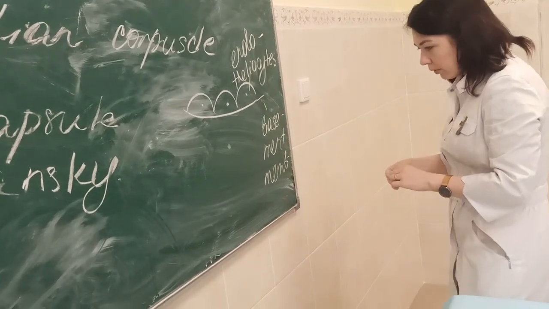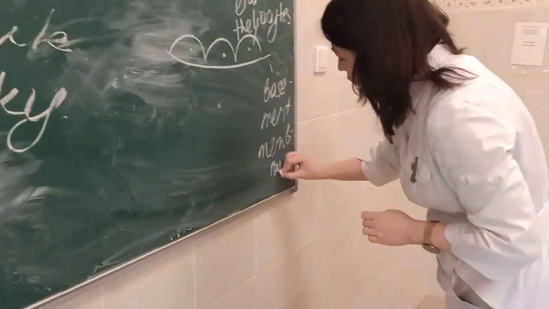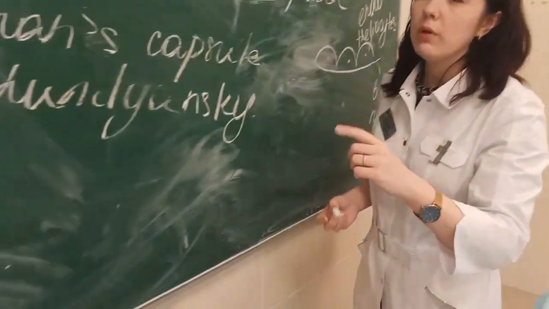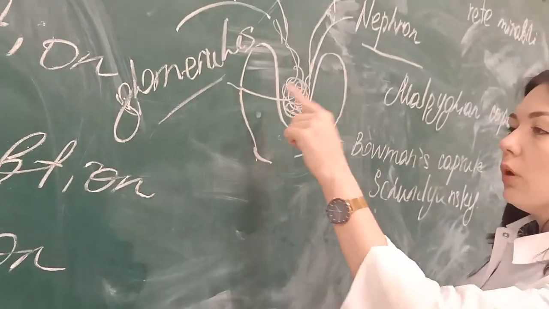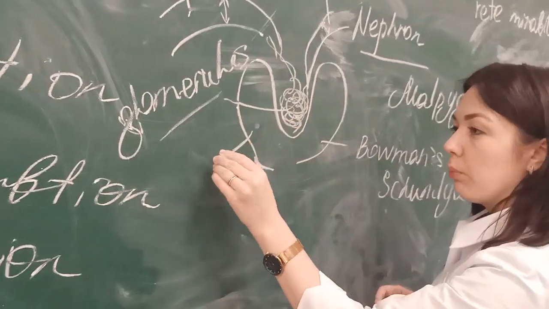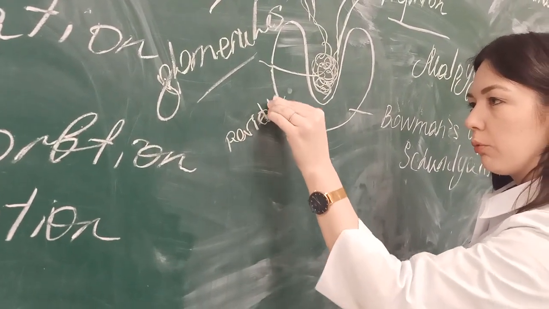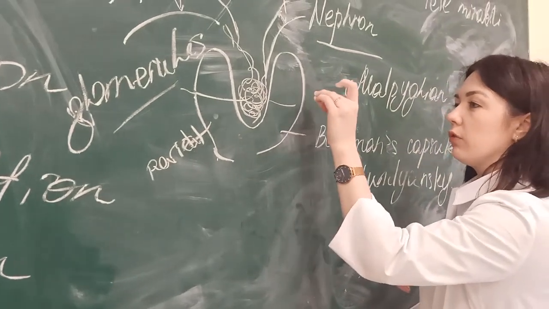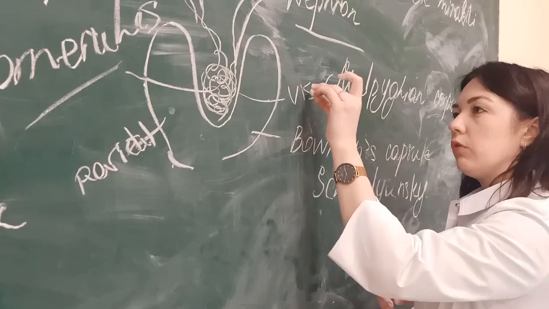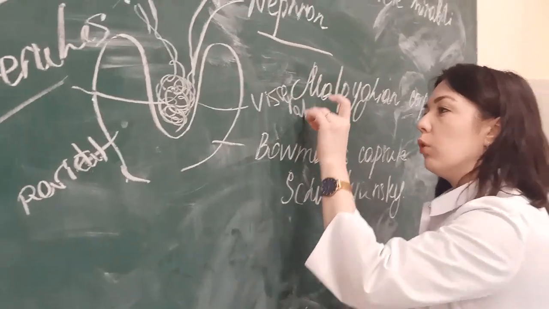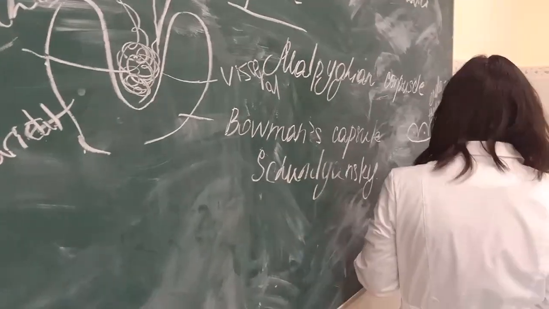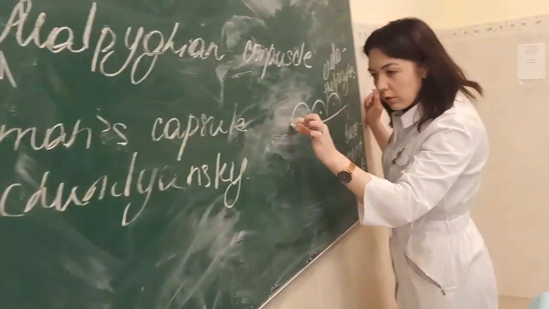And from the other side, there is Bowman's capsule. Bowman's capsule has two layers. This one is the parietal layer of Bowman's capsule, and this one is visceral. We are interested in the visceral layer. The visceral layer of Bowman's capsule is formed by special cells, podocytes.